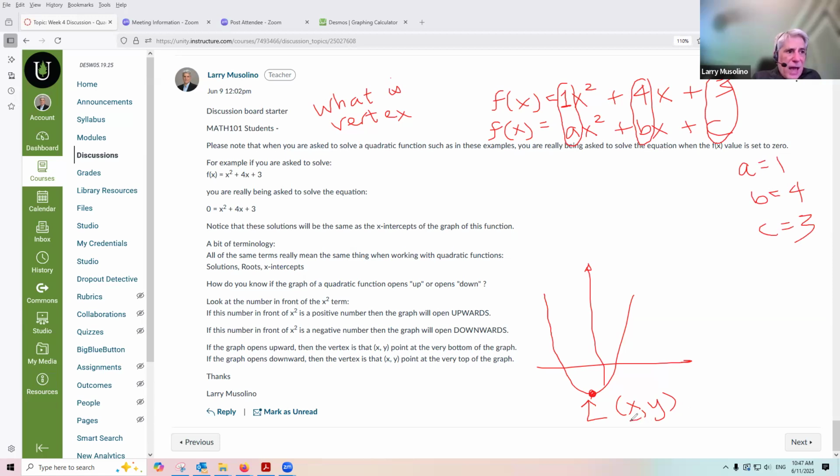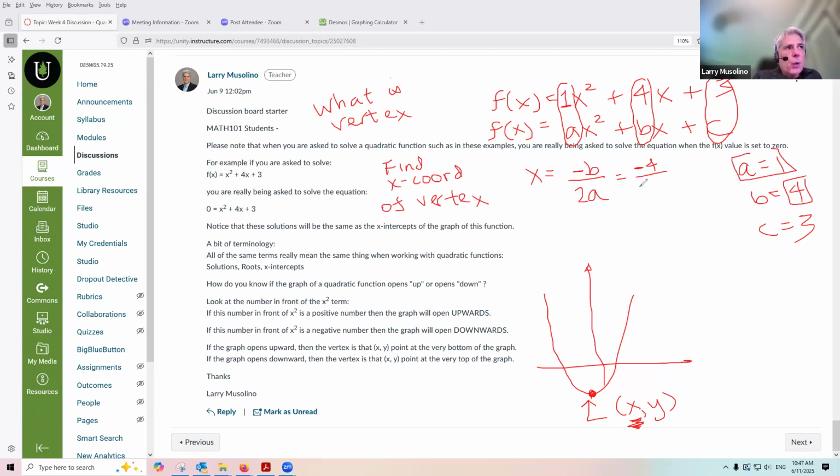All right, let's find the x-coordinate of the vertex. How do you find the x-coordinate of the vertex? Well, there's a little formula that says if you want to know the x-coordinate, take negative b over 2a. I'm just going to plug in our example. Our b number was a 4, so that's going to be negative 4 on top, over 2 times a.